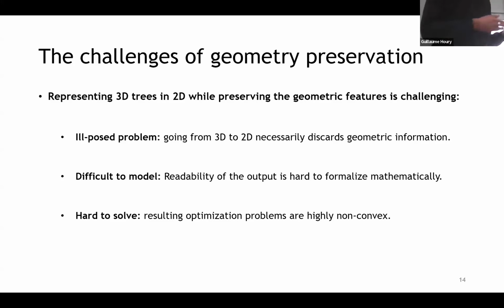So for all these reasons, it's quite a hard problem. Now, a natural strategy to try to tackle this is to separate the two sets of constraints that make the problem hard, namely the geometric constraints and the intersection-free constraints, and try to handle them separately.